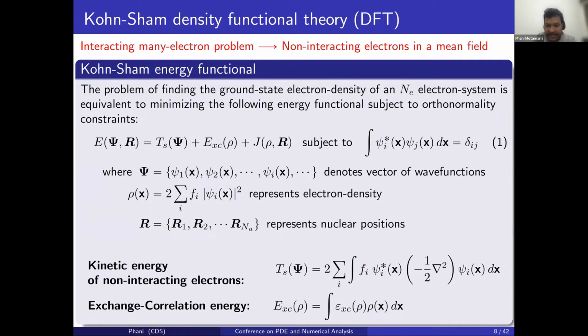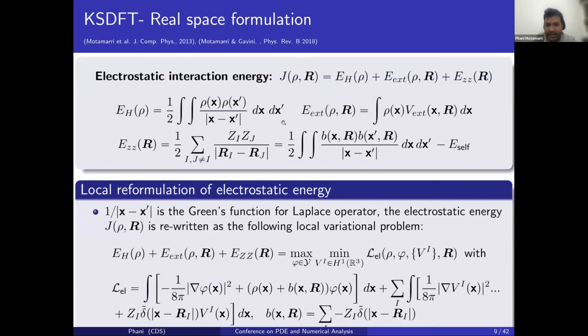And J is the classical electrostatic energy, which is given as a sum of three terms: the electron-electron interaction term, the interaction between electron and the external potential, and the EZ term, which is the nuclear-nuclear interaction term, a classical electrostatic repulsive energy.